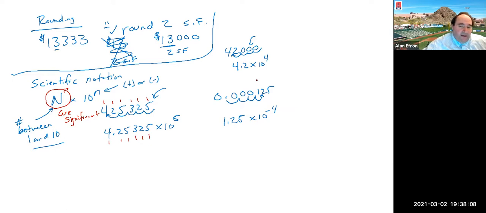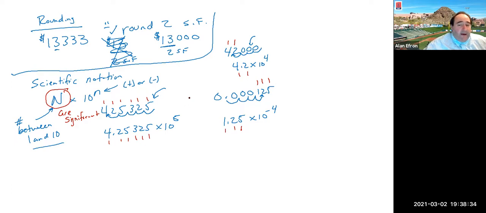This number here had 1, 2, 3 significant figures. When I wrote it in scientific notation, 1, 2, 3. This number had only 1 and 2 significant figures. These zeros are not significant because there's no decimal point written in the number, which is why when I turned it into scientific notation, I went with 2 significant figures.